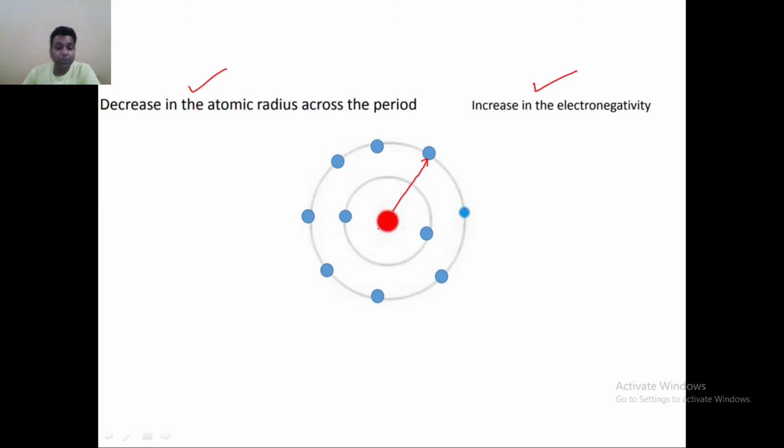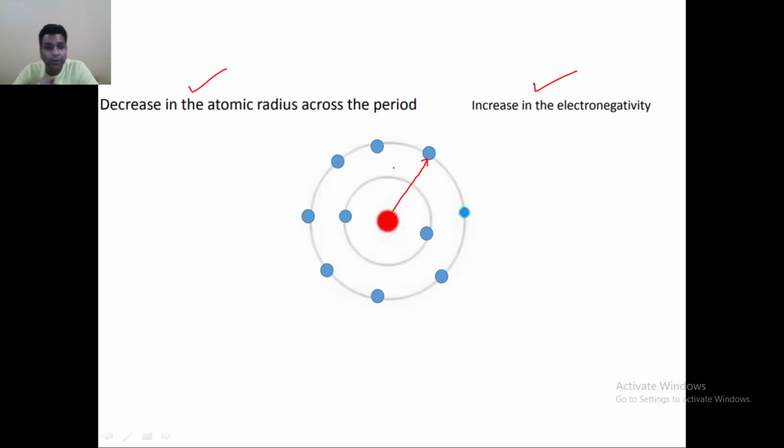This is known as the nucleus force. If the magnitude of the nucleus force is higher, then the electronegativity will be different, and if it is lower, then it will be different.